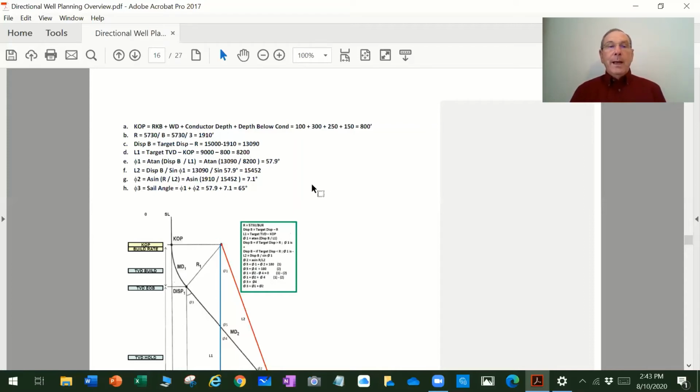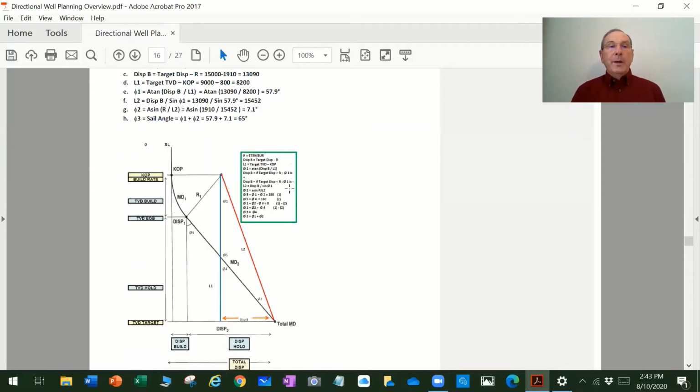And now L2 is going to be the displacement B divided by the sine of angle 1, which is 13,090 feet divided by the sine of 57.9 degrees, which is 15,452 feet. So that gives us L2.